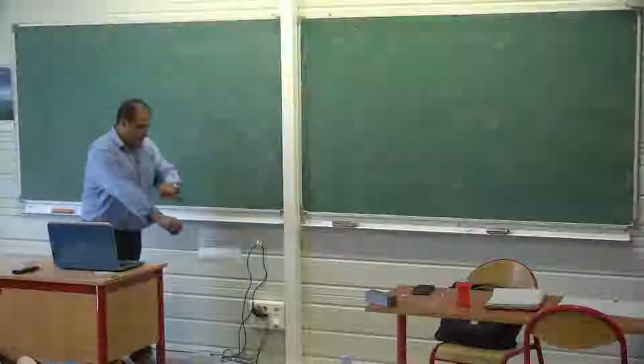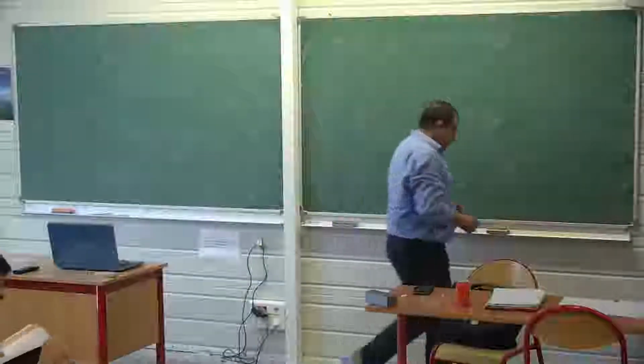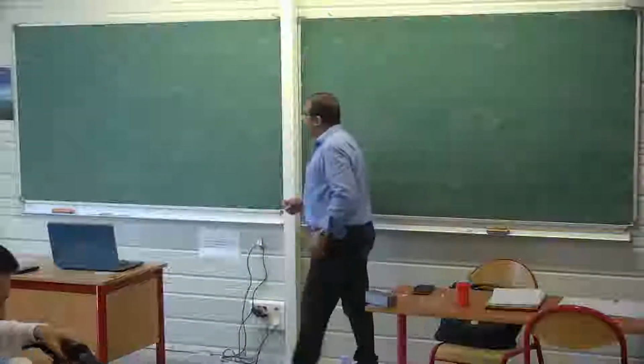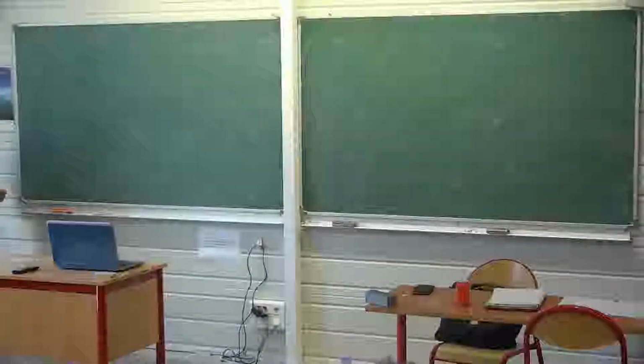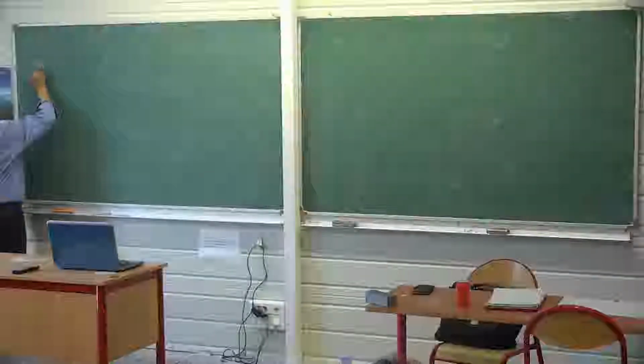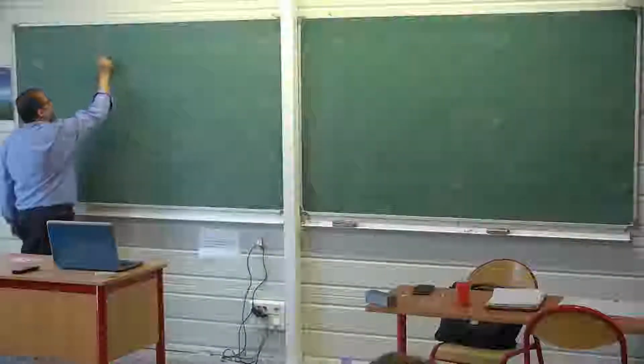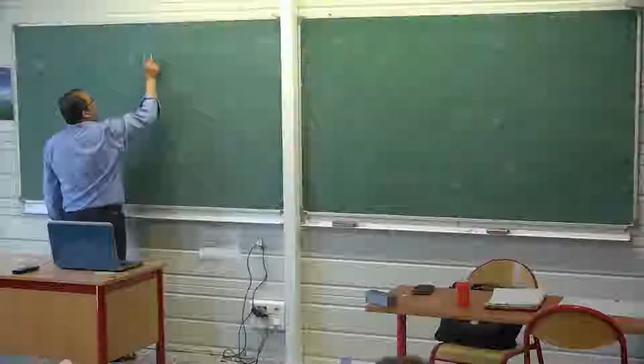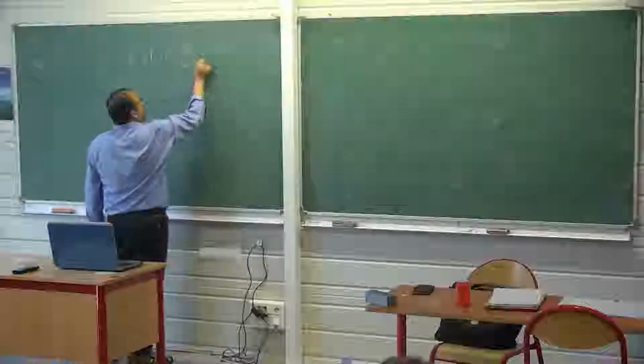I will continue the course of this morning. So in the morning we reduced the study of this kind of zeta function to the study of Dirichlet series of this form.